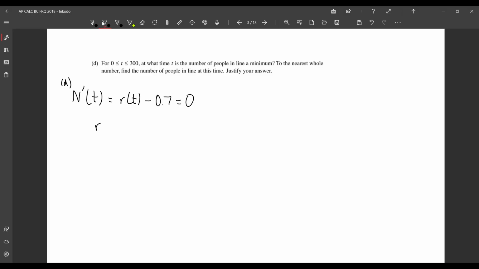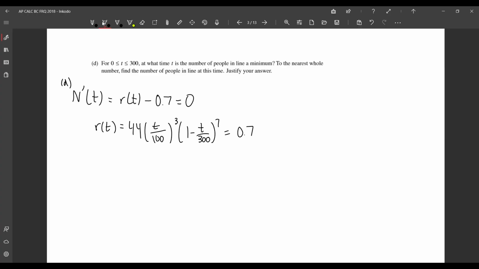So r of t equals 44 t over 100 cubed times 1 minus t over 300 to the 7th is equal to 0.7.